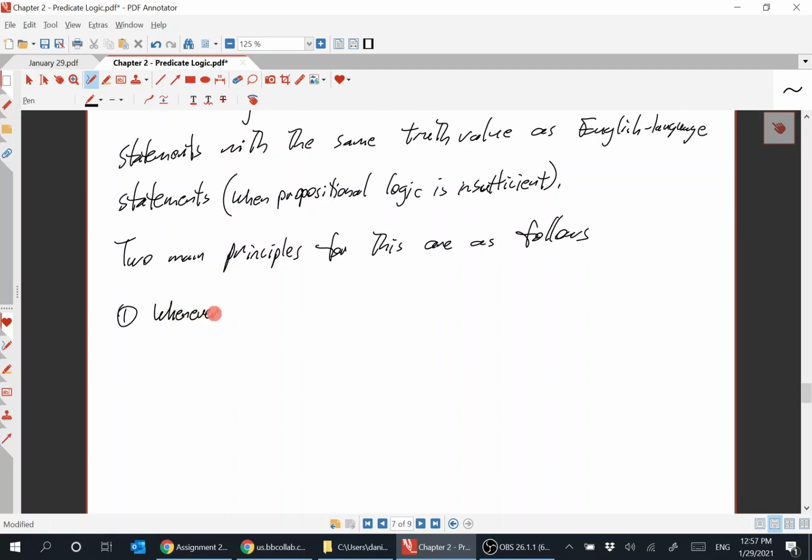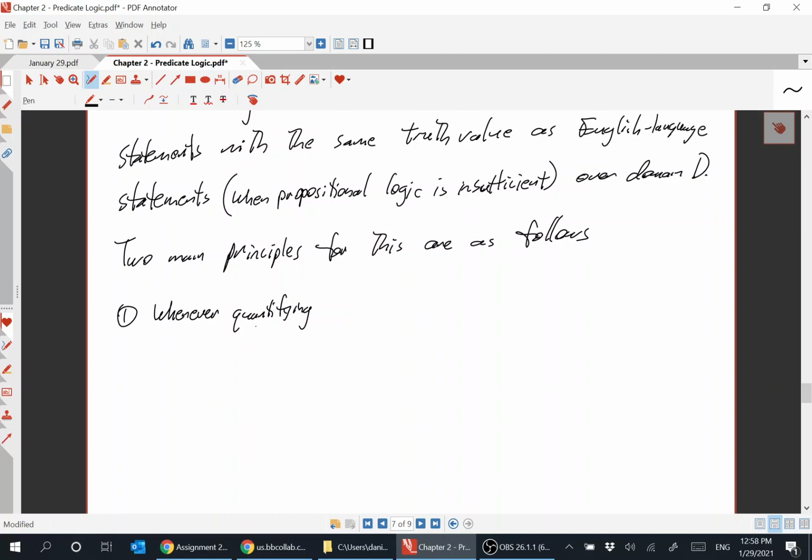So whenever, and we touched on this earlier, quantifying over domain D, the domain D is always going to be something bigger than the specific things you're talking about. You think of D as being the whole universe, or D is the set of real numbers when you're talking about properties of numbers.